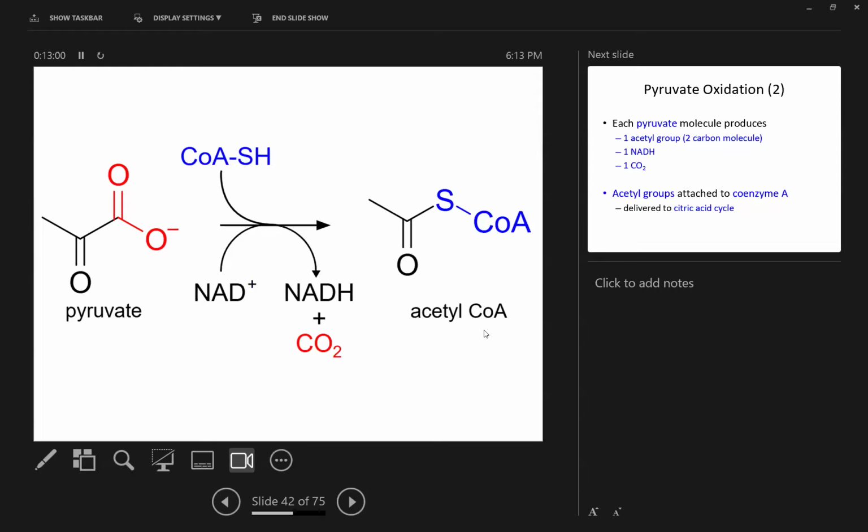Acetyl-CoA, that's the 2 carbons that are left, right, with a coenzyme A added to it. Yep. So the acetyl is still there. So we've got 2 carbons from glucose, and then a coenzyme A attaches to it. Now it can officially start. This is the starting molecule of the Krebs cycle. Acetyl-CoA. Yep.